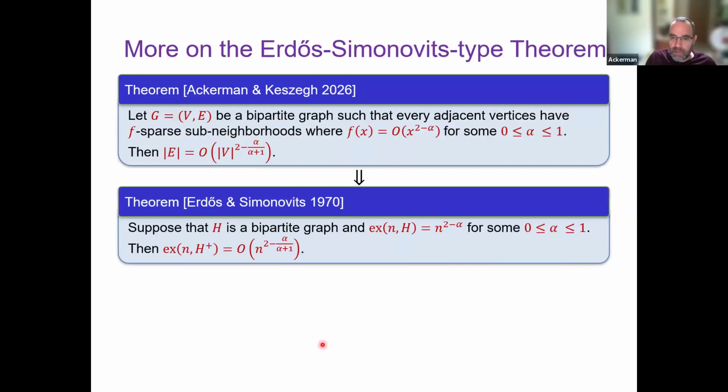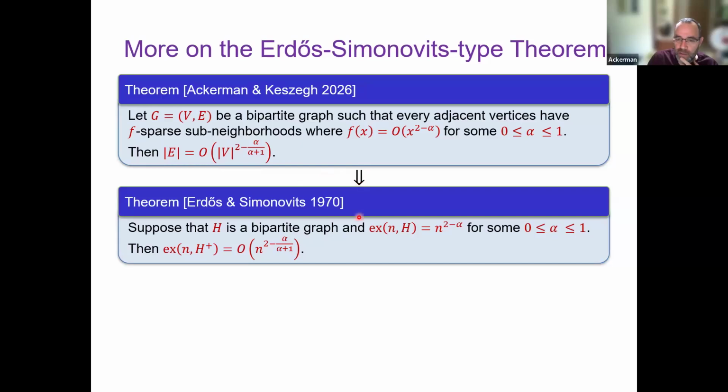So in our case, the sparseness of the sub-neighborhoods can be for any reason. And remember that we couldn't prove that the tangency graph avoids K2 something. So this is the reason we needed this result. If the sub-neighborhoods are sparse for any reason, then we get the global sparseness result.